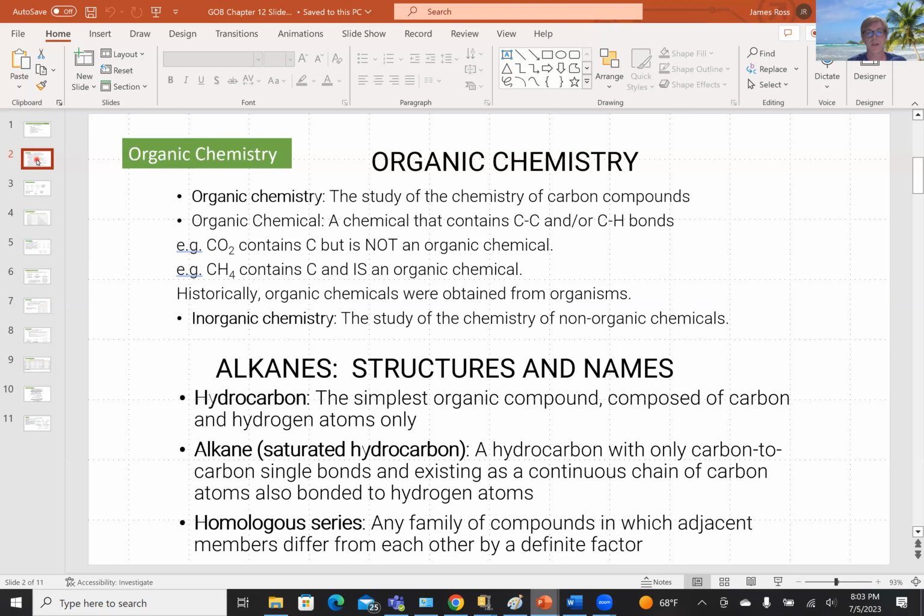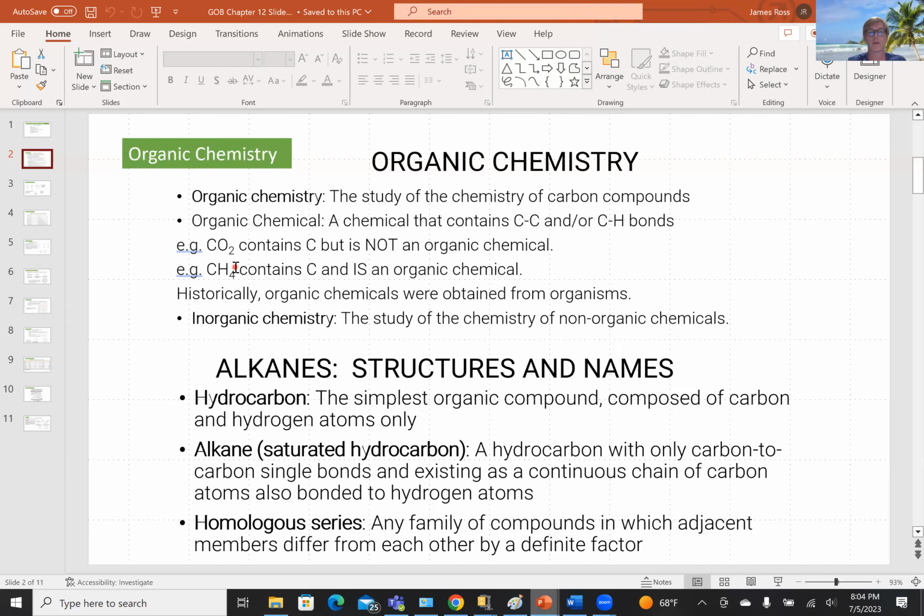Nowadays, in addition to that, we say that an organic chemist studies carbon-based compounds in general, but an organic molecule must contain at least one carbon-carbon bond and/or a carbon-hydrogen bond. So, for example, carbon dioxide contains carbon, but it's not organic because there are no carbon-hydrogen bonds, there are no carbon-carbon bonds. Just having carbon is not enough.